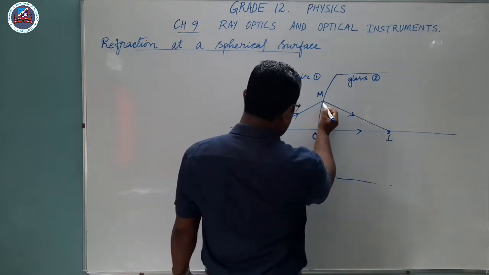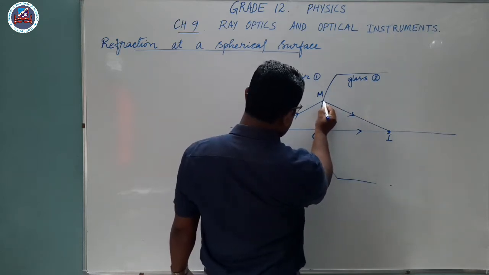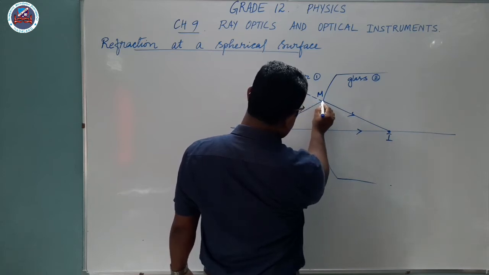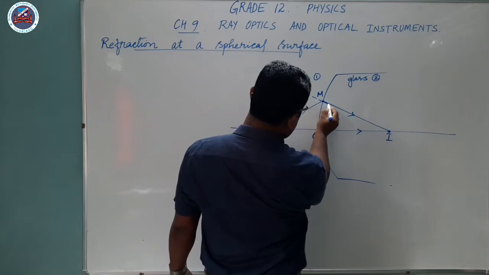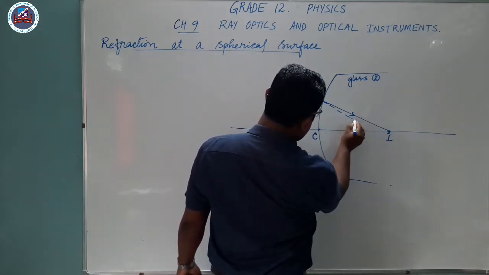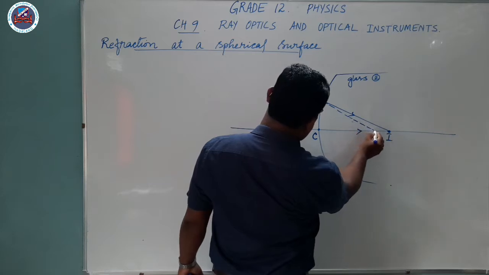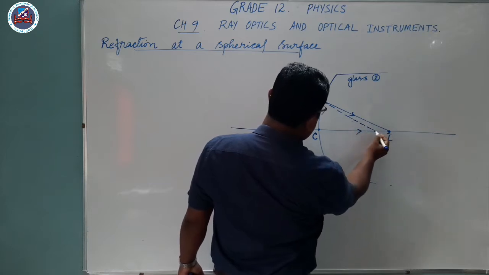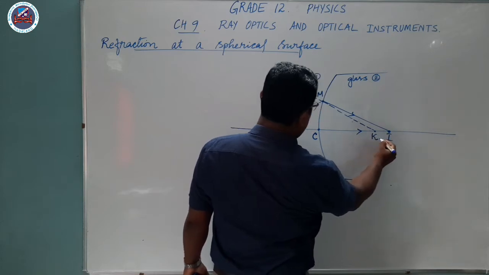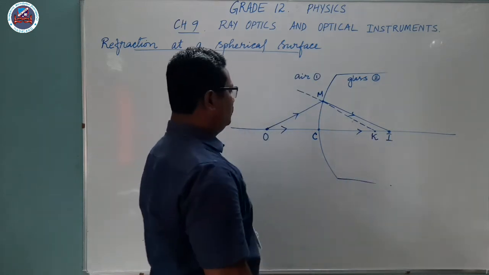At this surface, at the point of incidence, if you draw a normal perpendicular to the surface, then the normal passes through the center of curvature of the curved surface. Let it be K, the center of curvature.